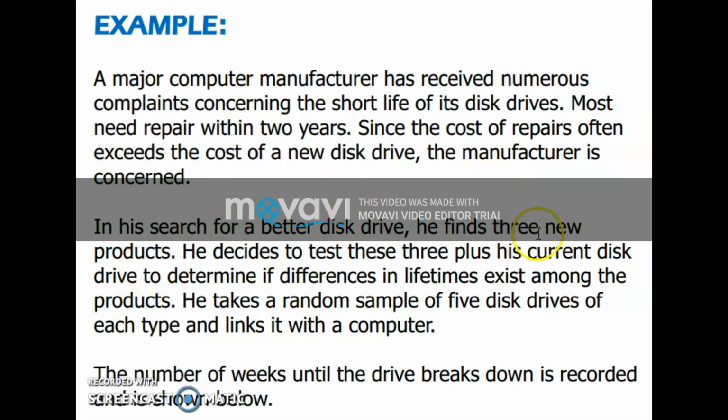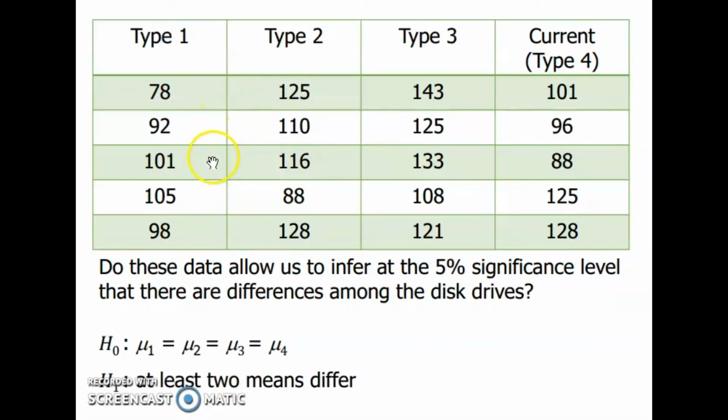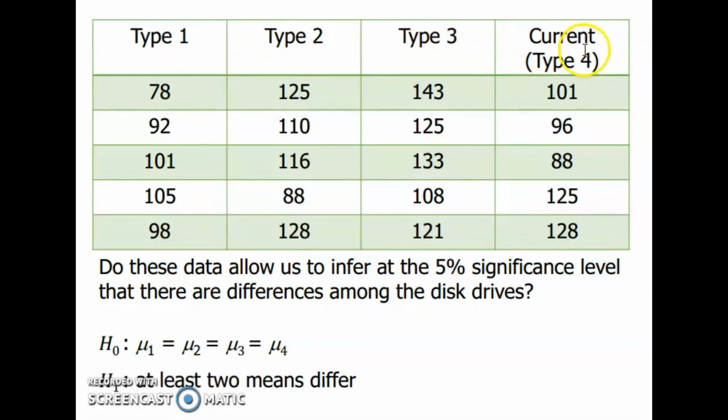You have 3 new products and you want to compare with the existing one, so we have 4 treatments. This is the data on the number of weeks until the drive breaks down, and we have 4 treatments: the first product, second product, third product, and the one that is currently used, which is type 4. So we have 4 types.